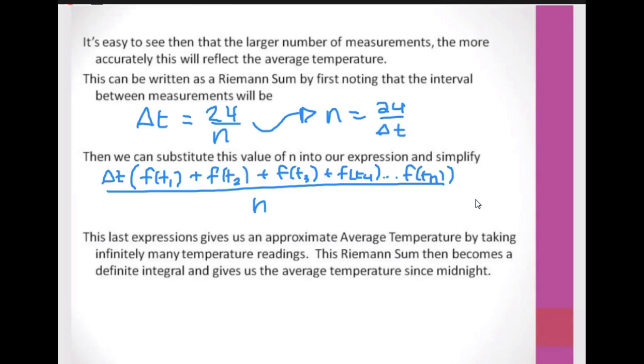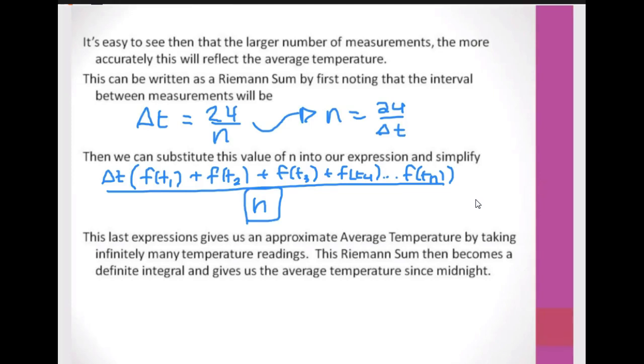We could think of this as a Riemann sum because this would represent the height of the rectangles times their widths, but now the difference is this n value.